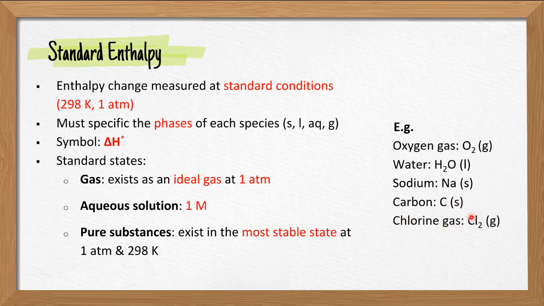Chlorine gas exists as a diatomic molecule, Cl2, in gas phase, similar to fluorine gas. If you have bromine, at its most stable state it exists as Br2 in liquid phase. And last example, here we have iodine. At its standard state, iodine will exist as I2 in solid phase.